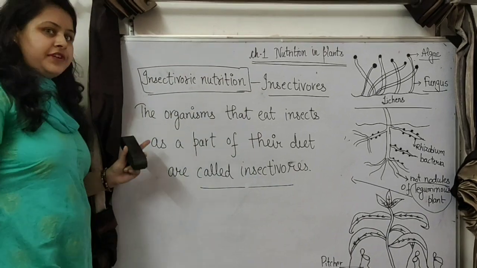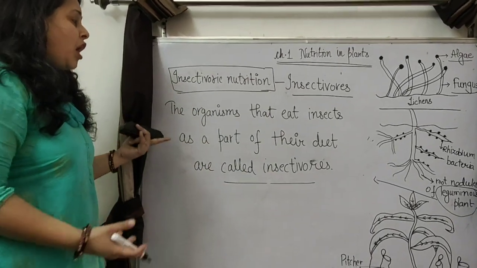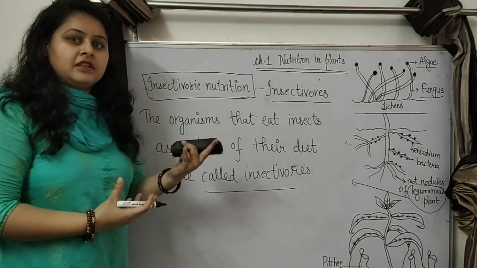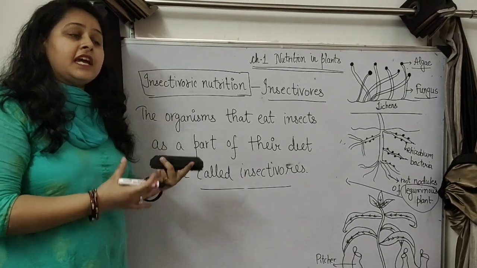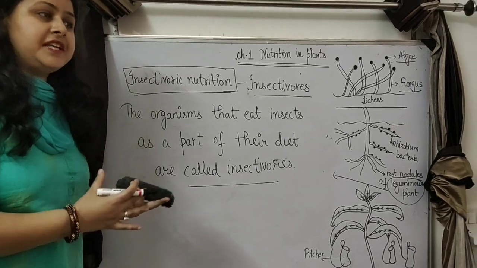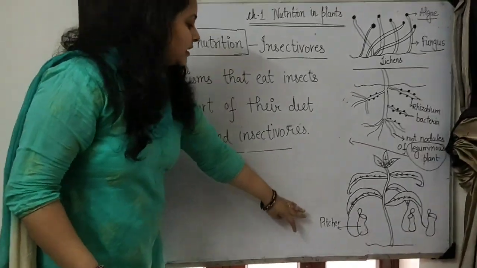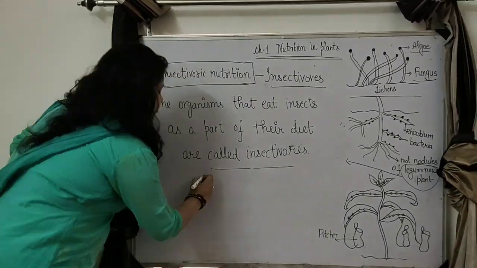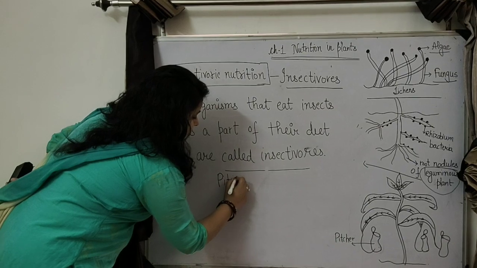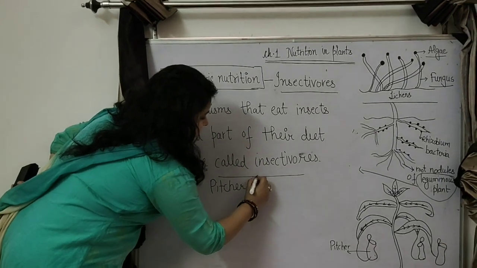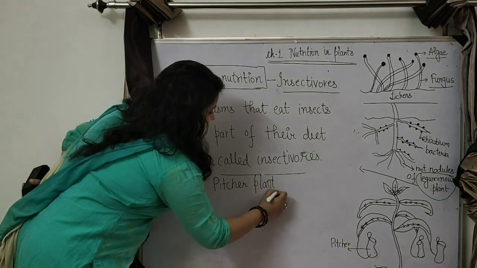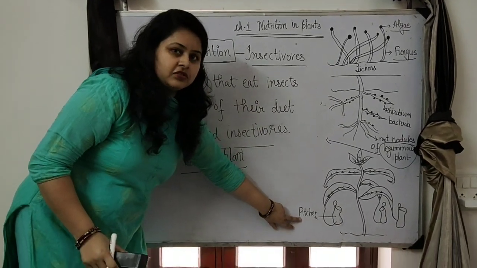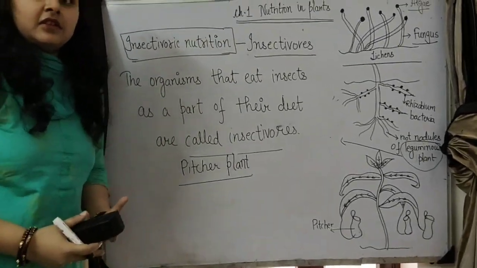And the mode of nutrition used by insectivores is known as insectivoric nutrition. Now, how are the insectivores able to catch the insects? To catch insects, they have special body structures. Like here I have drawn one example for you, that is of pitcher plant. What is the speciality of this pitcher plant? This pitcher plant has a pitcher-like structure to catch the insects.